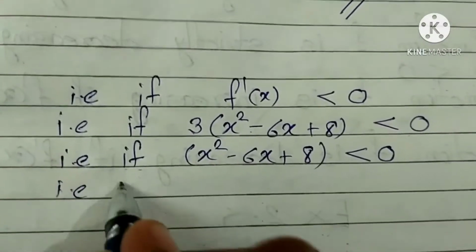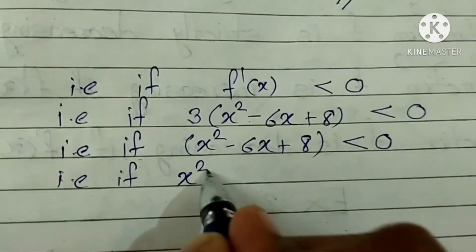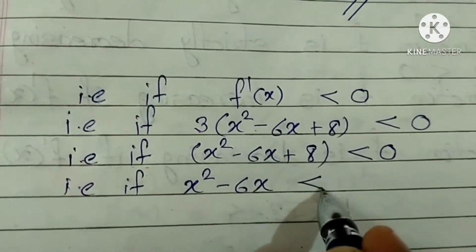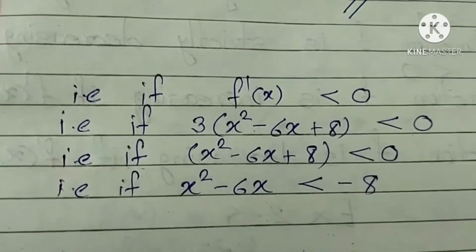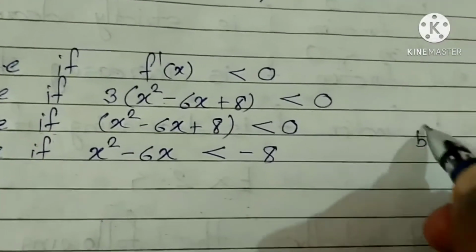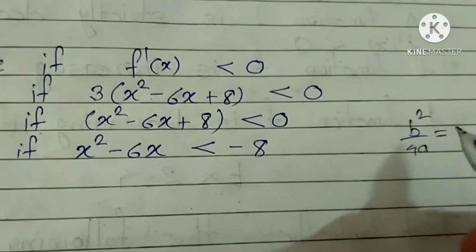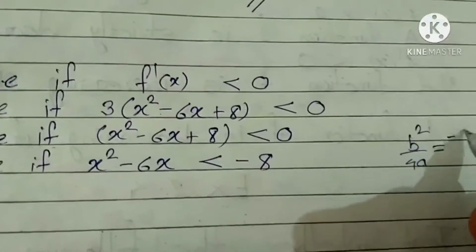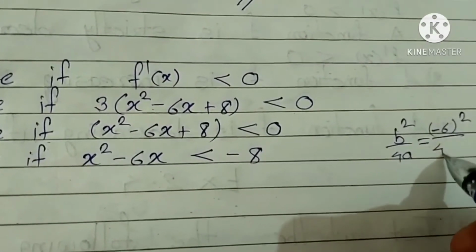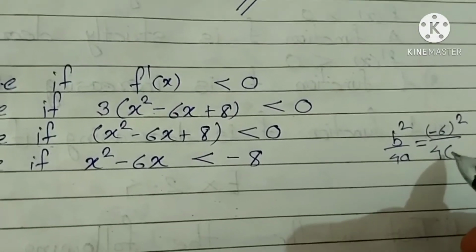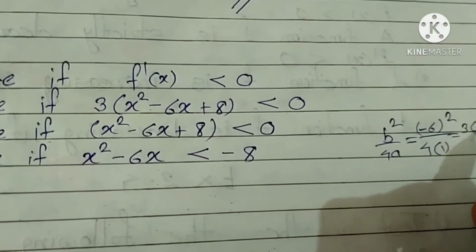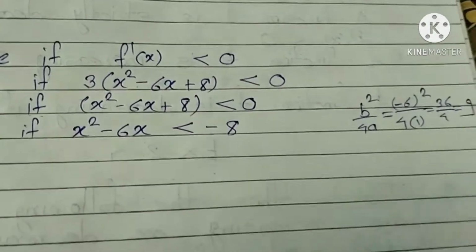That is, if x square minus 6x is strictly less than minus 8. Now use the formula b square upon 4a. Here b is minus 6, so minus 6 square upon 4 into a, and a is 1. So it is 36 upon 4, which is equal to 9.